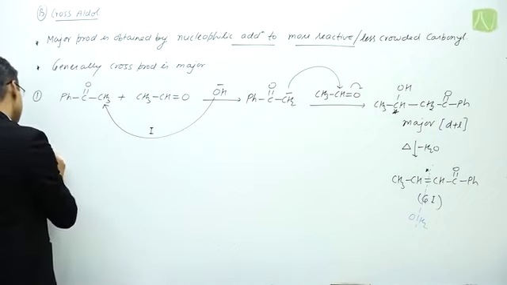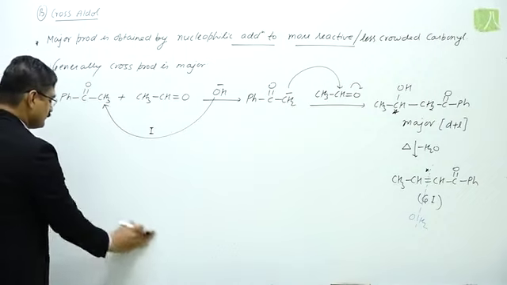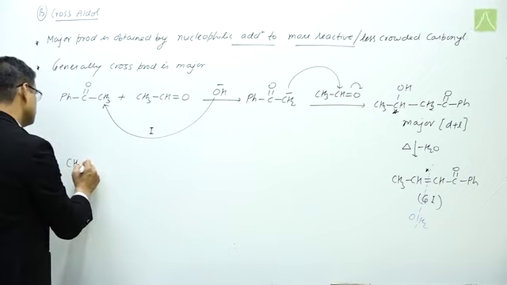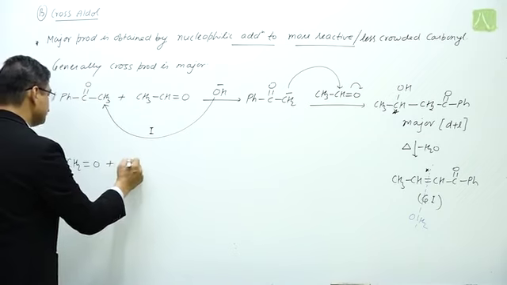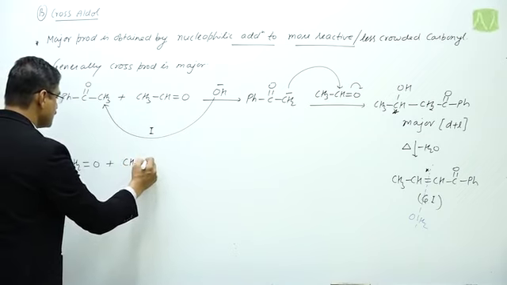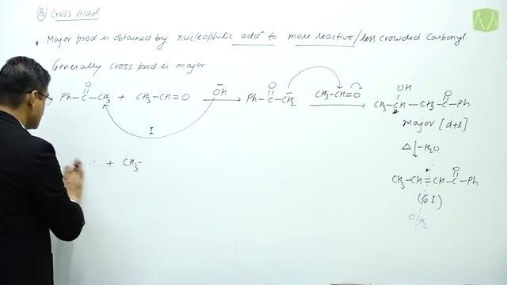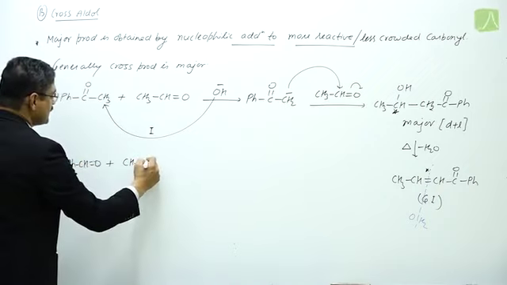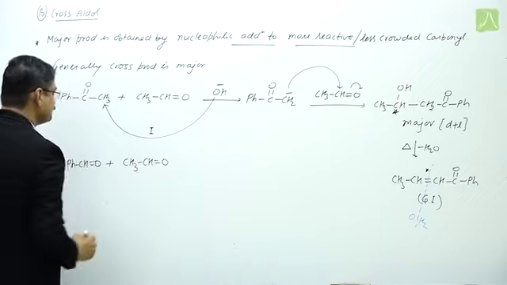So in the second example, suppose CH2O plus CH3CHO, or you can write PhCHO plus CH3CHO.